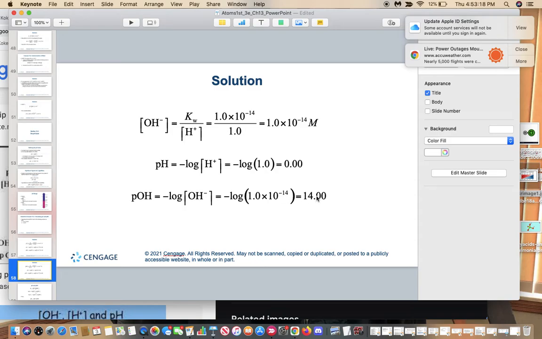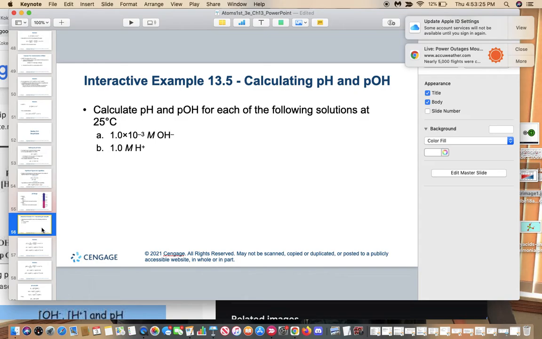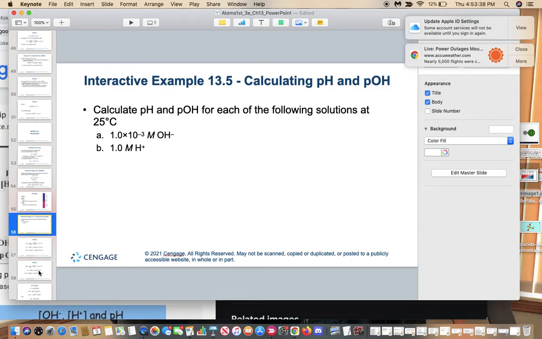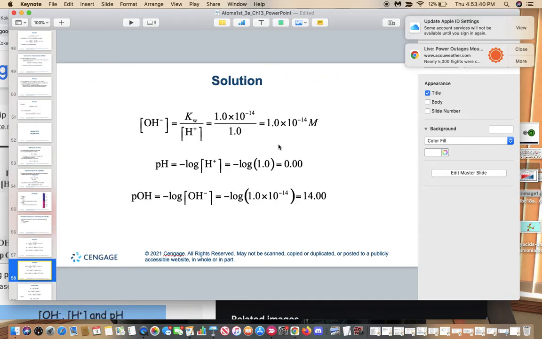Okay, sorry about the confusion there. The confusion got in there because the problem was presented wrong. It should have been 1 mole per liter H plus, not 1 mole per liter OH minus. If you take the problem as being 1 mole per liter H plus, this solution works.